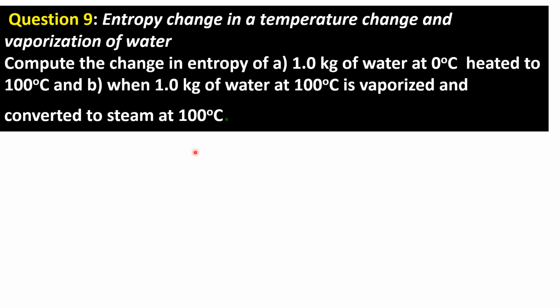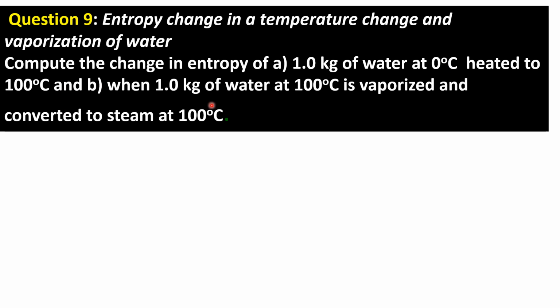This is now our last question, another problem solving: entropy change in a temperature change as well as during vaporization of water. We are asked to compute the change in entropy of 1 kilogram of water at 0 degrees Celsius that's heated to a temperature of 100 degrees Celsius.